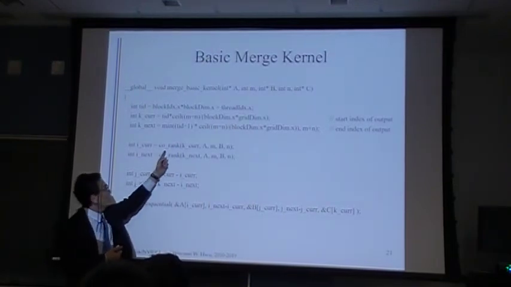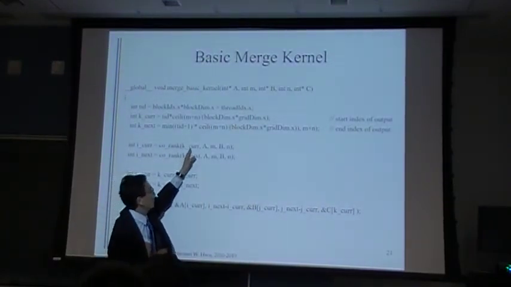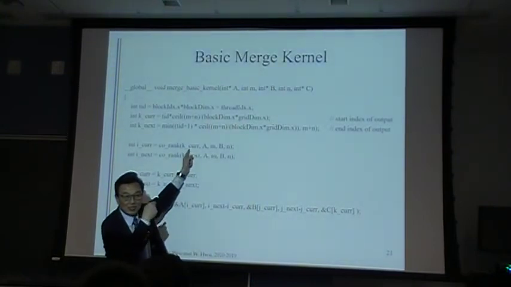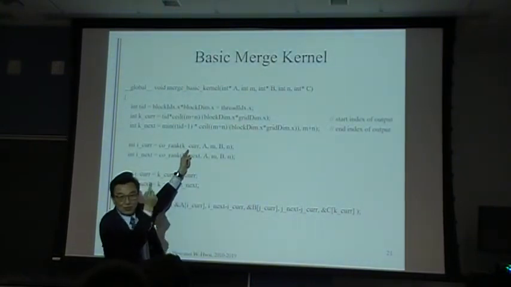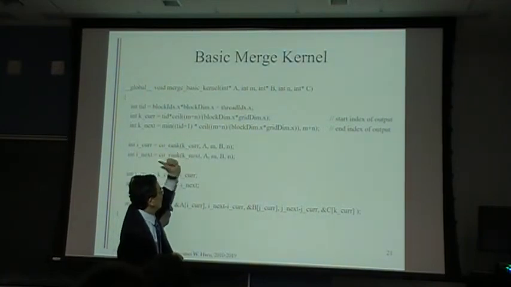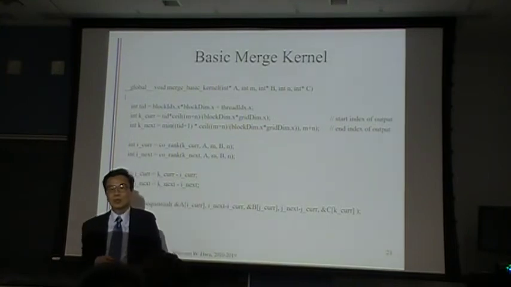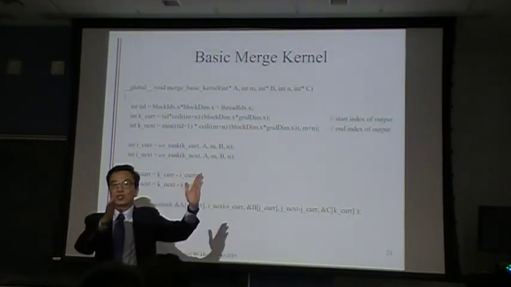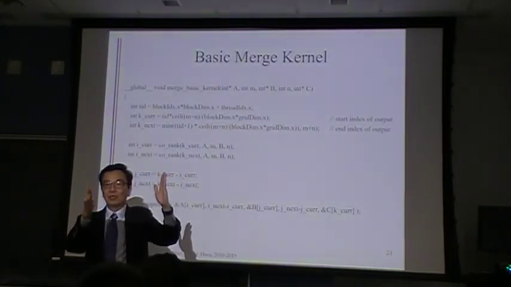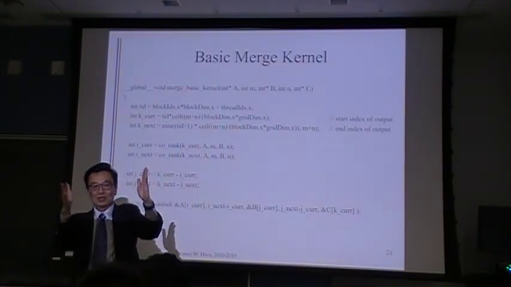And then you call co-rank. You co-rank with the k current, right? Which means that is the end marker for the previous thread. So you use the k for the previous thread, and you have A, m, B, n, and that gives you the beginning pointers of your own A and your own B sections, right?